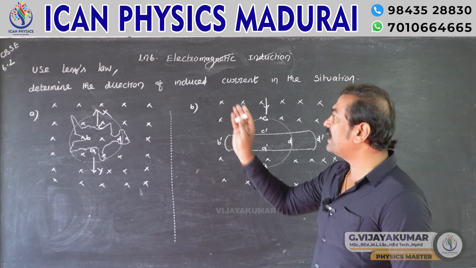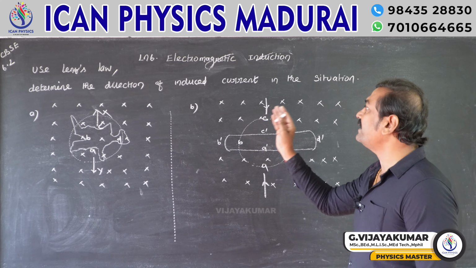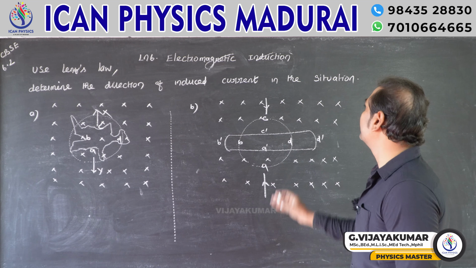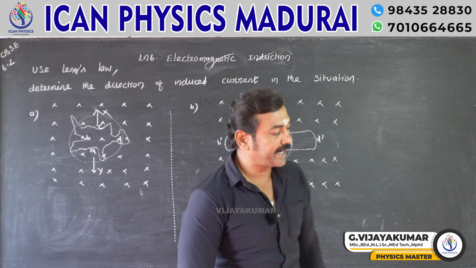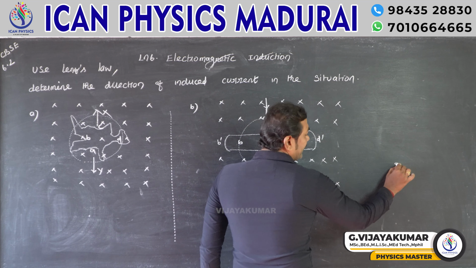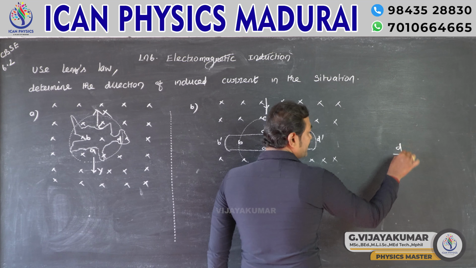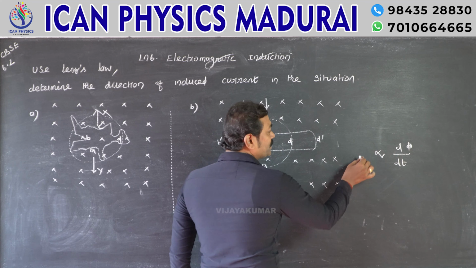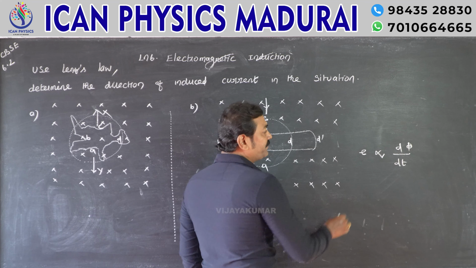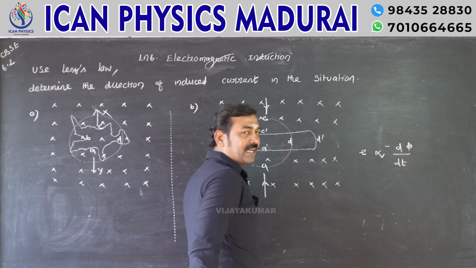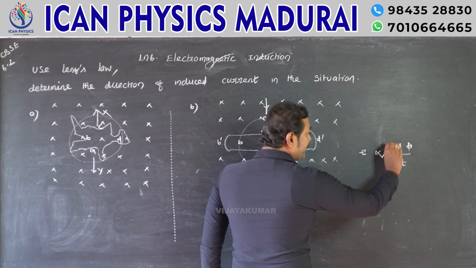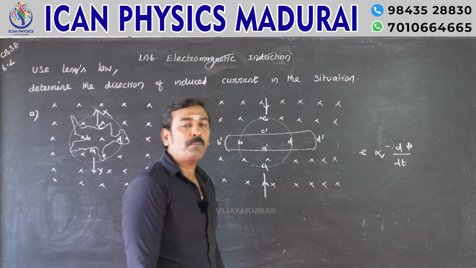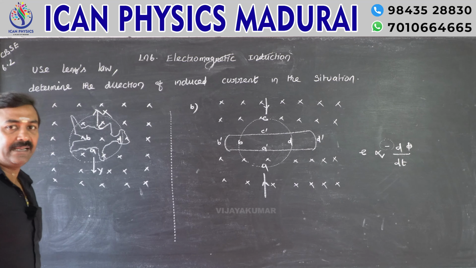Use Lenz's law. Determine the direction of induced current in the situation. So what is Lenz's law? The rate of change of magnetic flux is directly proportional to the induced EMF, which opposes the cause, or the induced current flows in the opposite direction, as given by Lenz.